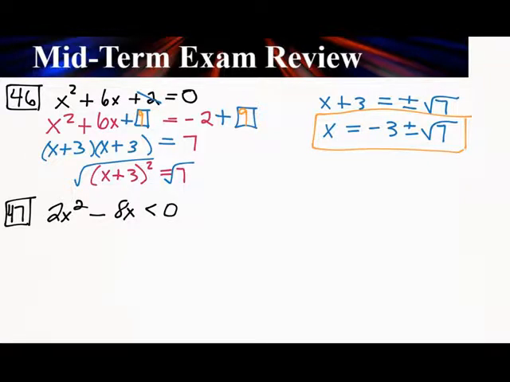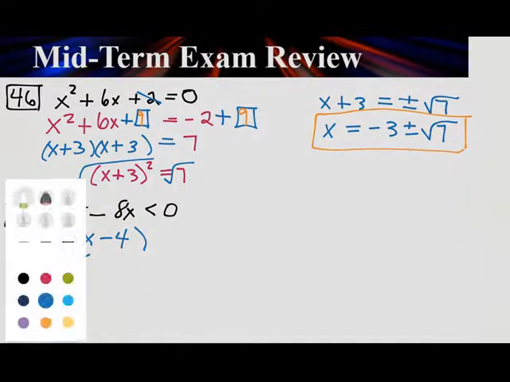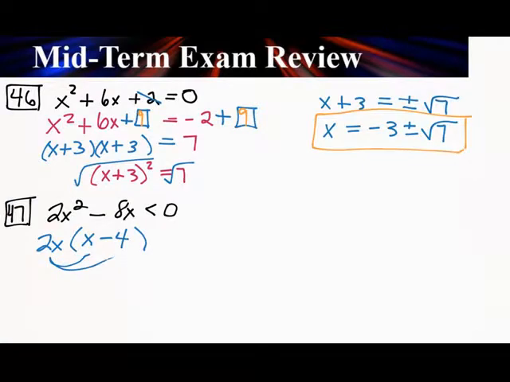Okay, so now let's try the next one. 47 has an inequality in it. The first thing I'm going to do is factor it. So I'm going to take 2x out of the expression, and I'll be left with x minus 4. If you look at it and you go 2x squared, and that makes negative 8x, okay?